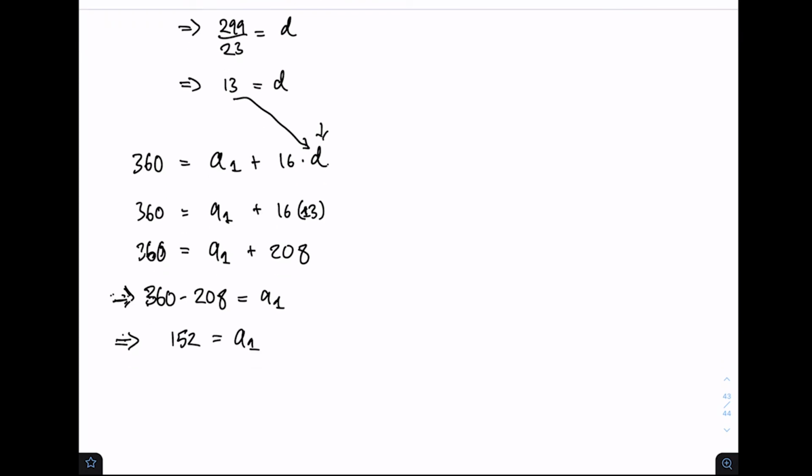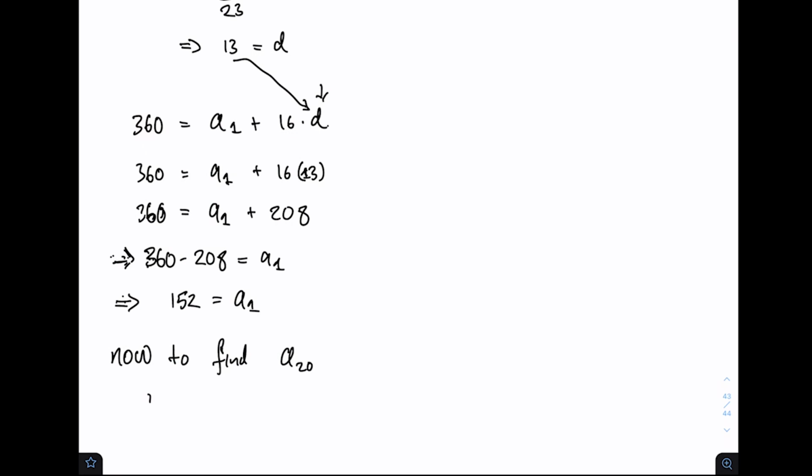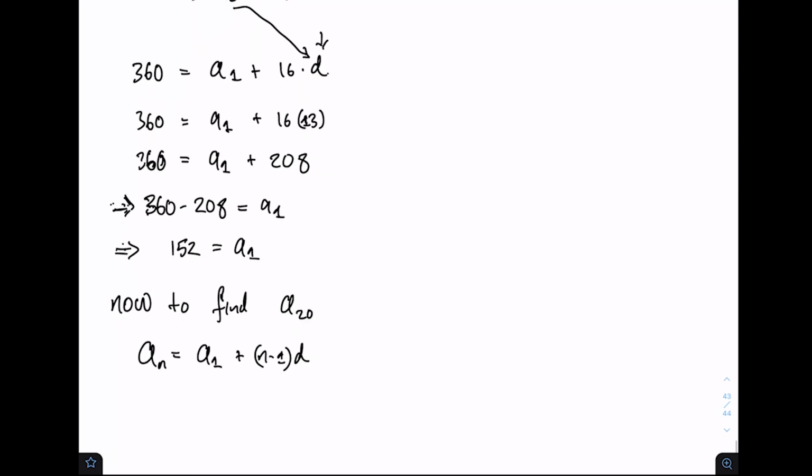Now to find a sub 20, we use our equation a sub n is equal to the first term plus n minus 1 times d. We have all the information we need, so a sub 20 is equal to a sub 1 plus 19 times d.